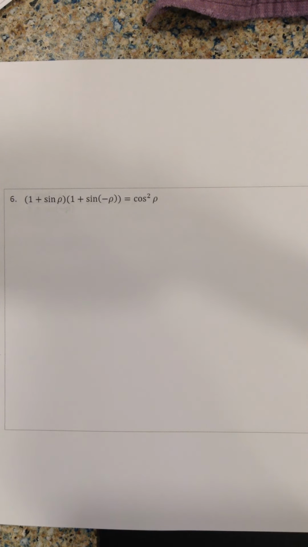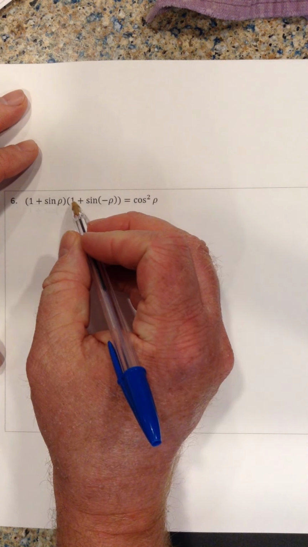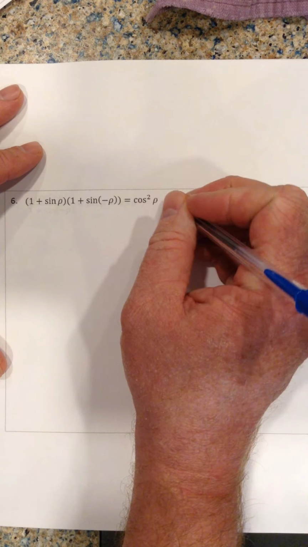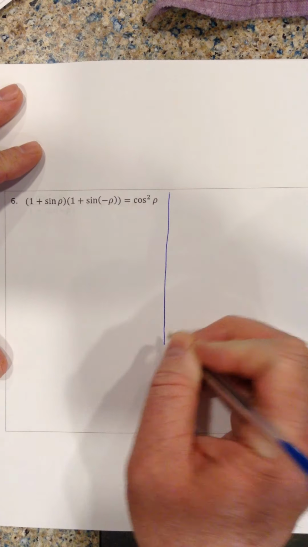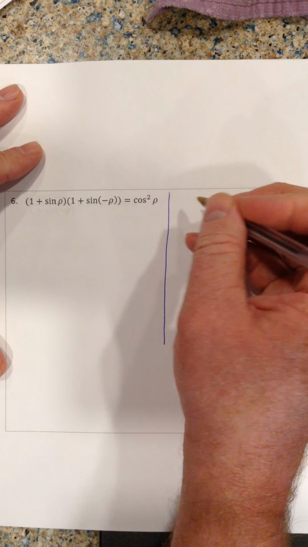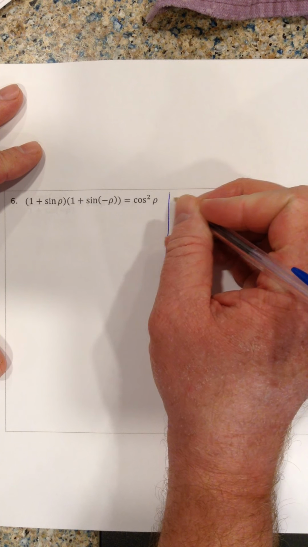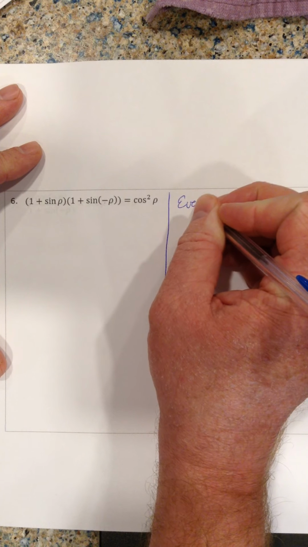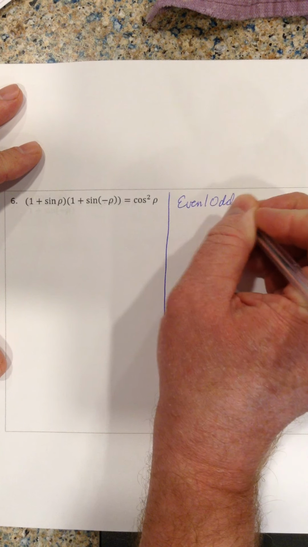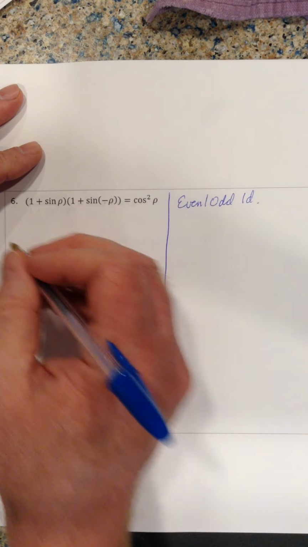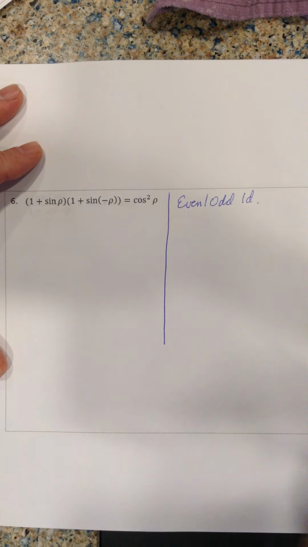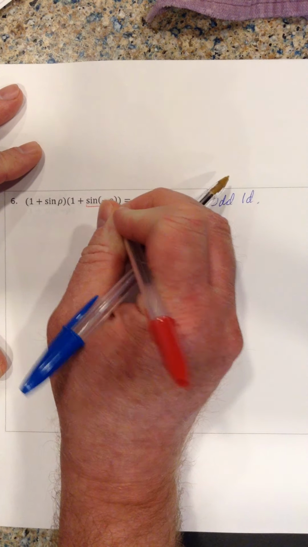Okay, problem 6. We have (1 plus sine of rho) times (1 plus sine of negative rho) equals cosine squared of rho. Okay, so first, I see I can use an even-odd identity right here.